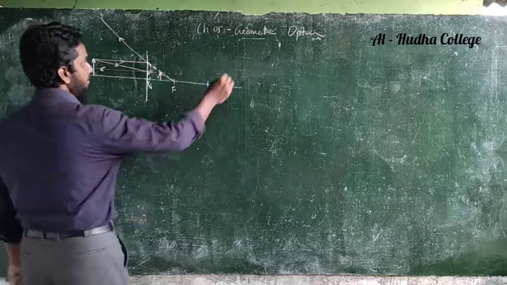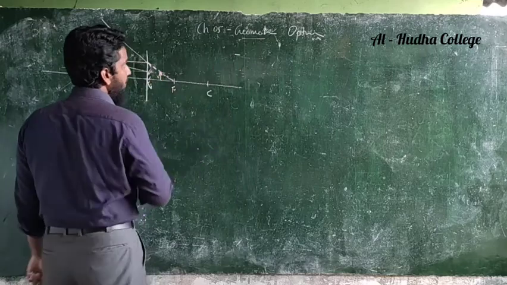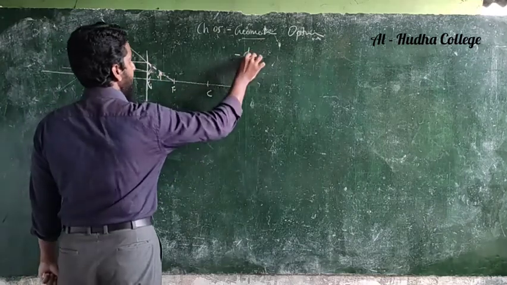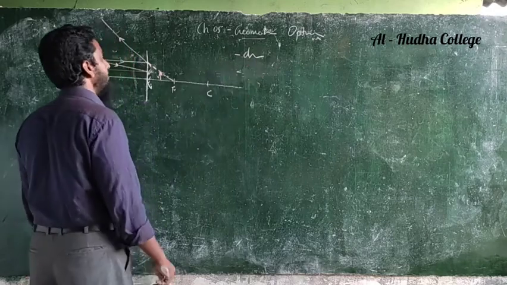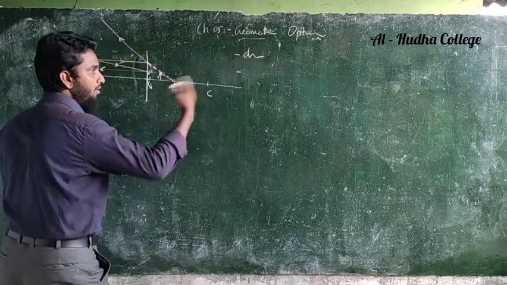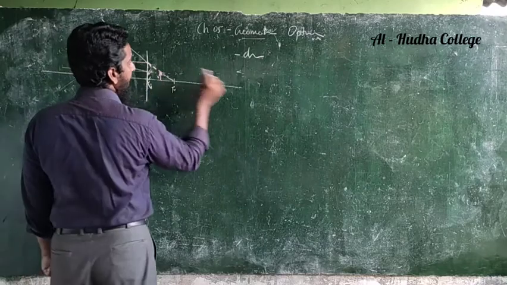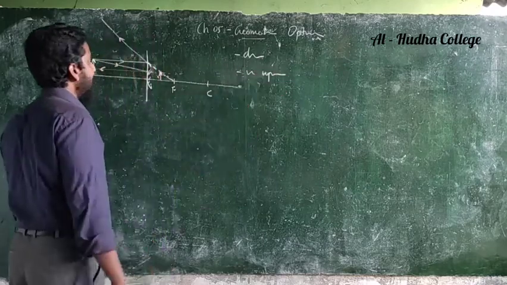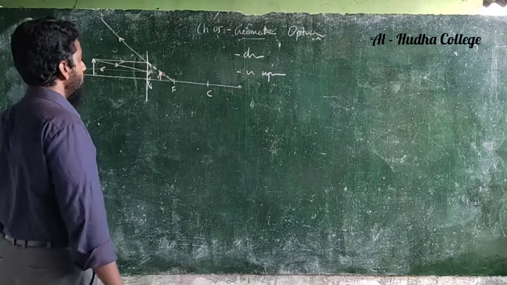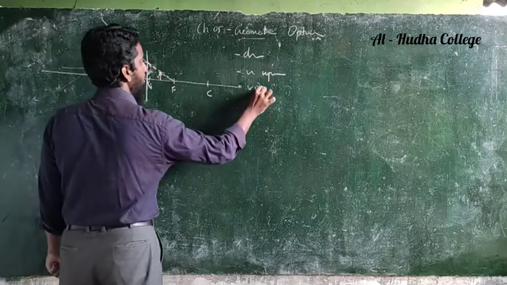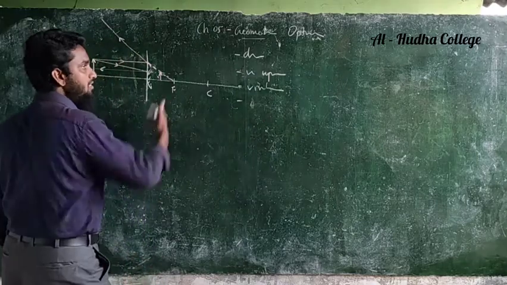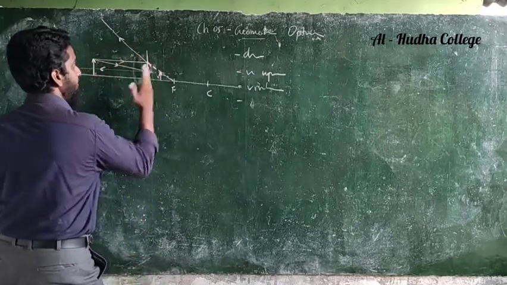Then the characteristics of the image formed here: the first character, size, always diminished. The second character, the appearance, vertically upright. The third character, real or virtual: it is going to be a virtual image, because we can't get this on the screen.